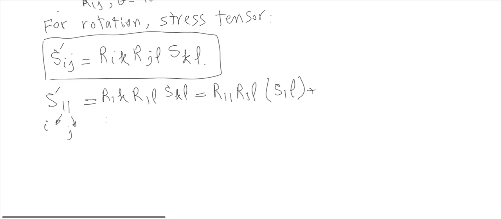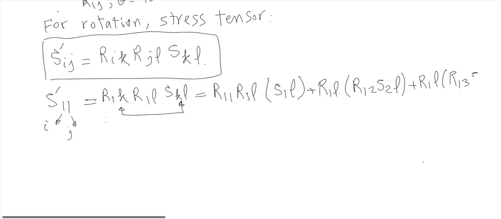Actually, I could factor out, maybe I do it here, and then expand on k between these two, and then this becomes R12 S2l, and then becomes R1l, R13 S3l. And then you come here and then expand on l, and similarly here.